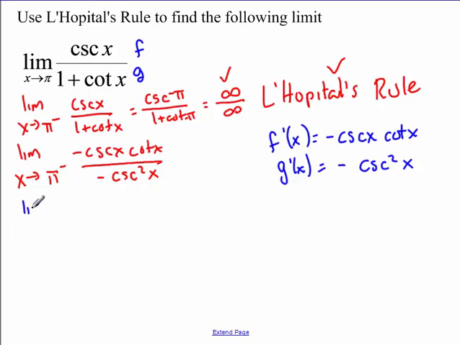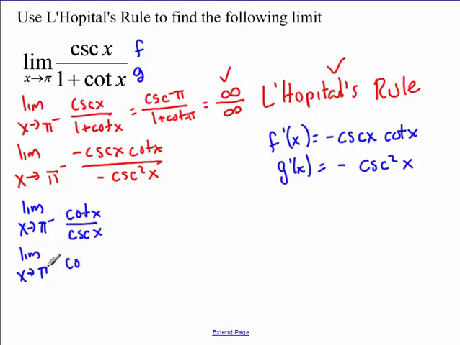So then simplify that. The negative simplifies and one of your cosecants cancels, so we have cotangent of x over cosecant x. Simplify this even more.